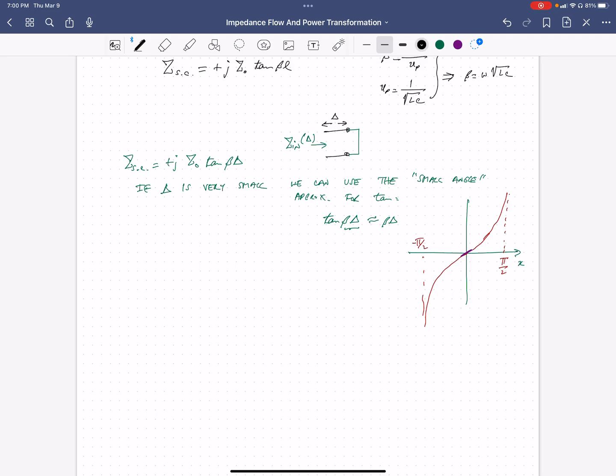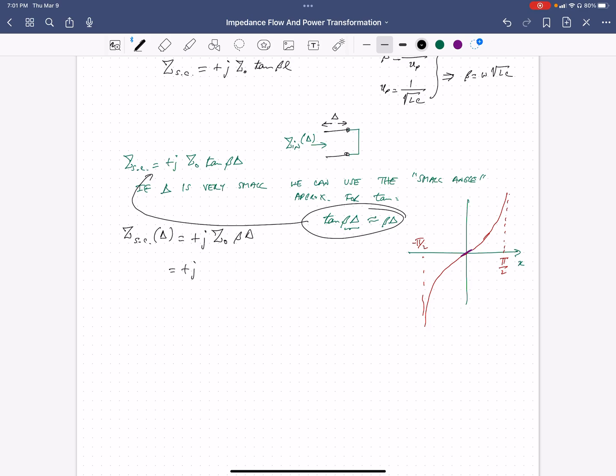So we can use that, plugging it in here, to say that the short circuit for delta is plus J Z sub 0 beta delta.